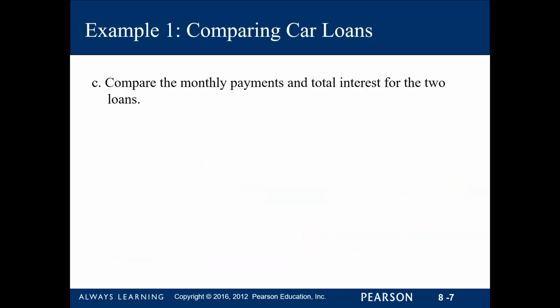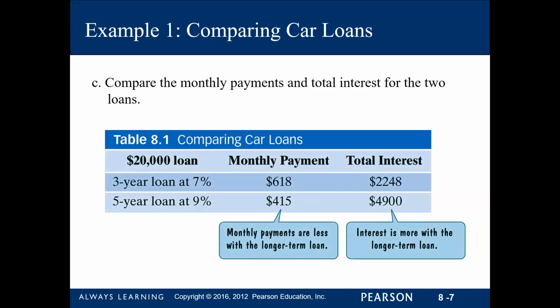So how are you going to make a decision? If you're comparing the two monthly payments and the interest, this is how it would look. Typically, you will notice that the shorter the number of years for the loan, the tendency of your monthly payment is to go up. It's going to be higher, but because you are paying it in a shorter time, the interest is lower.